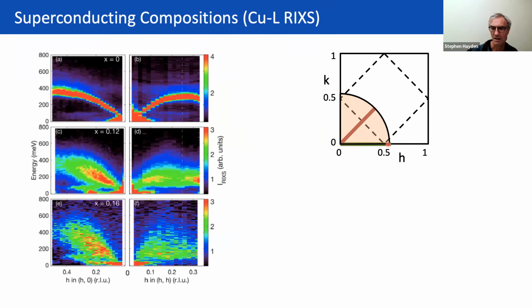So we can go along this line, and that's the higher energy direction. Then if we go along here towards pi pi, you can see the magnon doesn't come up so high. And if you dope, you can see the whole thing is broadened out and drops in energy, but you still have this anisotropy. It's higher along H0 than along HH.